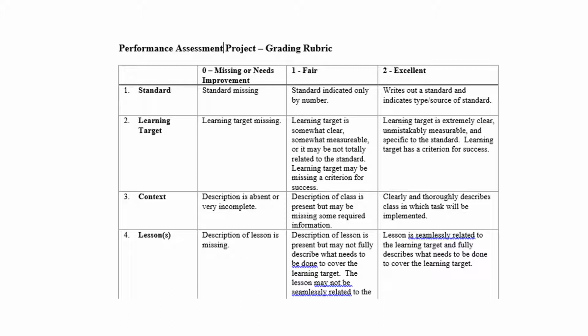If you're missing a context or it's very incomplete, 0, all the way up to 2 points where it clearly and thoroughly describes the class in which the task is implemented. The description of the lesson is worth 2 points. To earn full credit, it needs to be seamlessly related to the learning target and fully describe what needs to be done to cover the learning target.